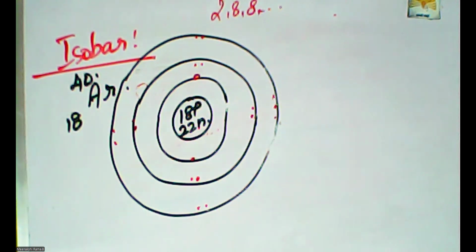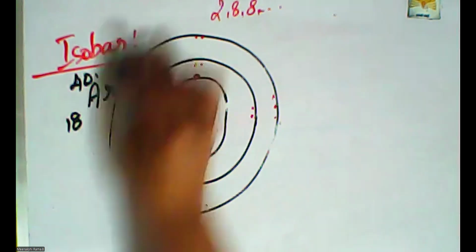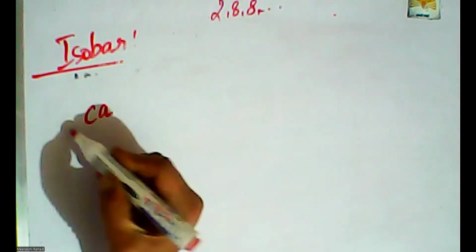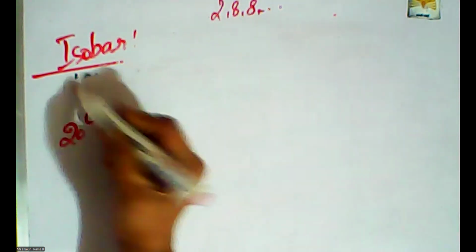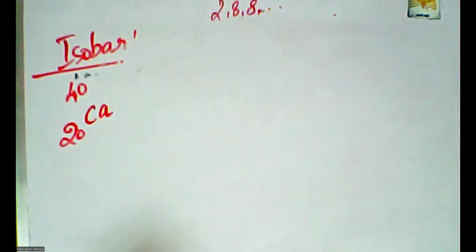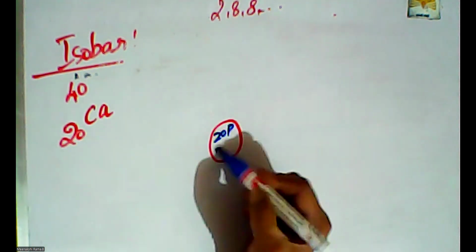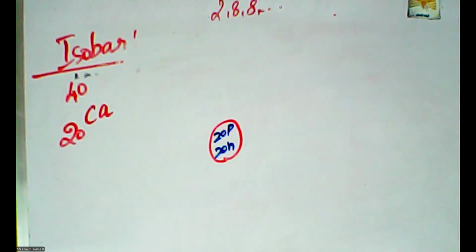And next one is calcium. In calcium, the atomic number is 20 and the mass number is 40. So the center part has 20 protons and 20 neutrons.